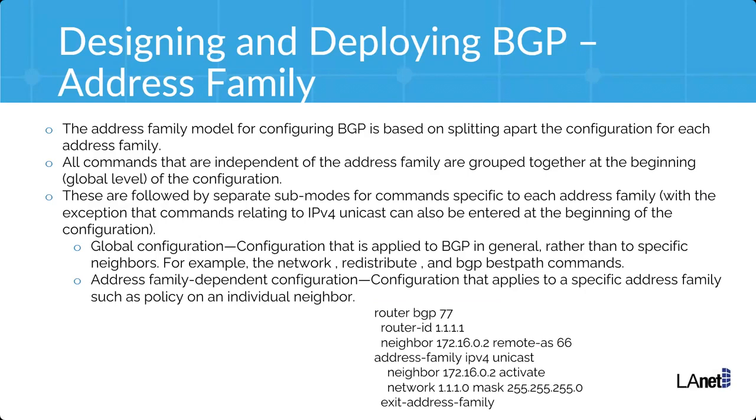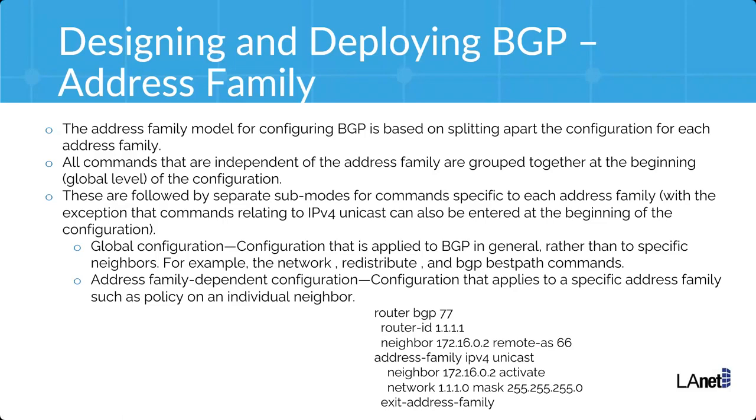You have two levels of configuration. You can have a global config. That's your general config, like your router ID, for example. And you could have your address family dependent configuration, like activating your neighbors, putting in your networks, etc. Those address families could be for two different routing processes like IPv4 and IPv6.